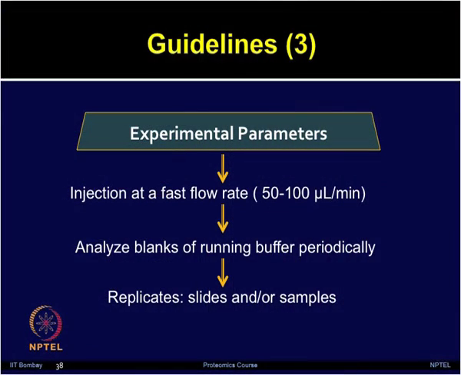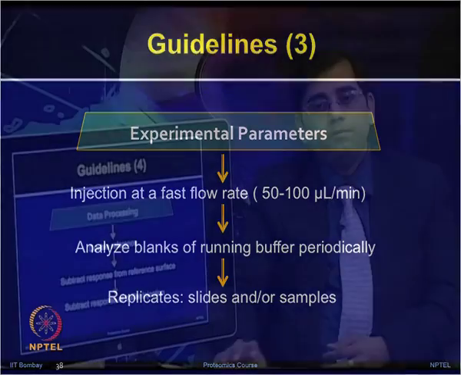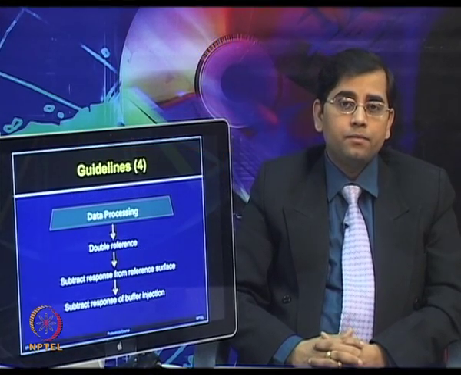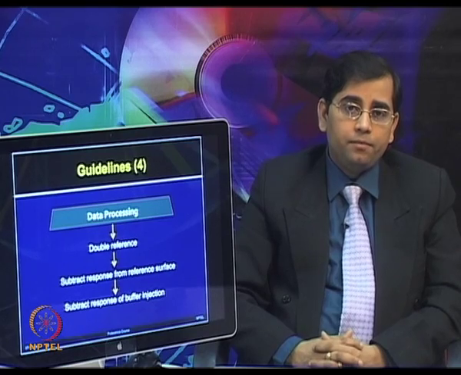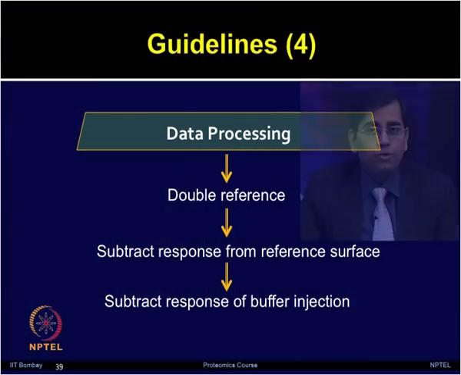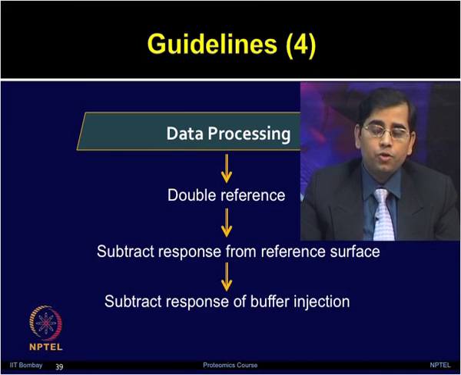Analyze blanks of running buffer periodically, so that you are confident that your chip is clean and the baseline is stable. It is always important to reproduce the experiment, and perform various replicates of the same experiment on independent slides as well as on independent samples. Data processing, that is very important. One often needs to do double referencing, especially if you are talking about SPR imaging type of data.